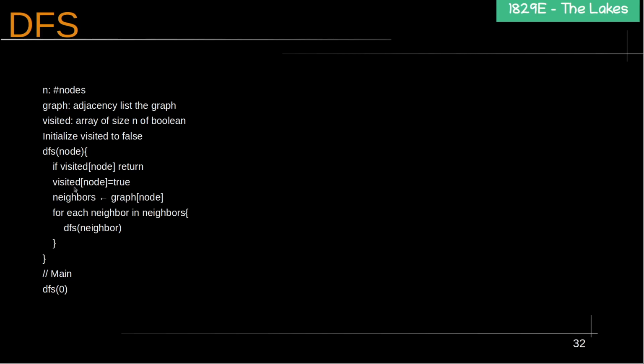Otherwise, we mark that node as visited, and we get all the neighbors of that node. For each neighbor in the list of neighbors, we go deep with DFS to that neighbor. Of course, in the main program, we call DFS, and the starting point here, I took 0.